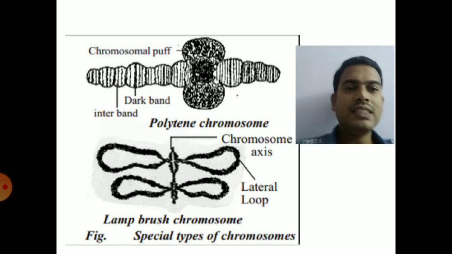You can clearly see the structure of the polytene chromosome and also the lampbrush chromosome. Polytene, you can see like ring-like structures. Here the lampbrush chromosomes look like a brush of a chimney.